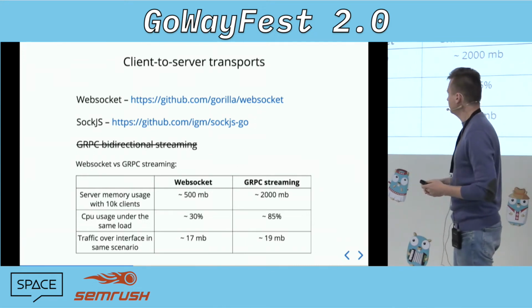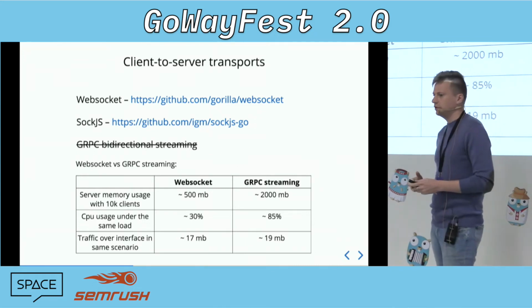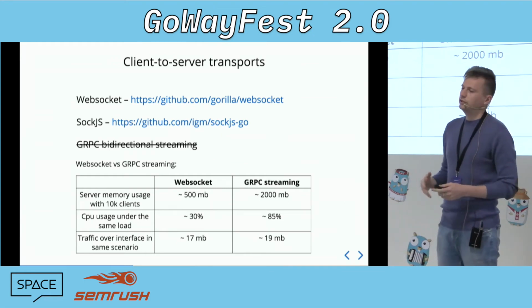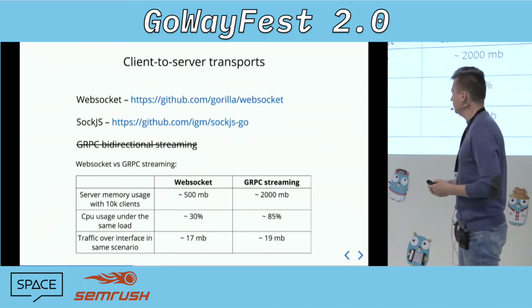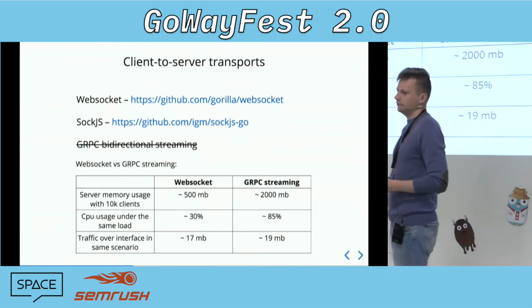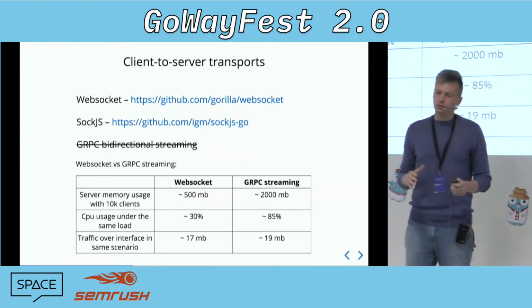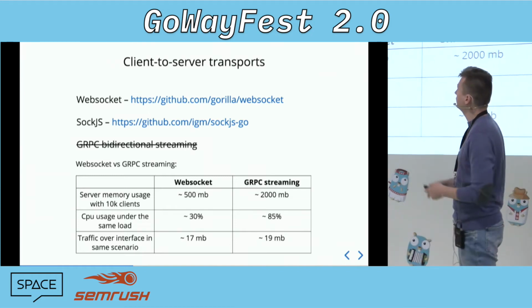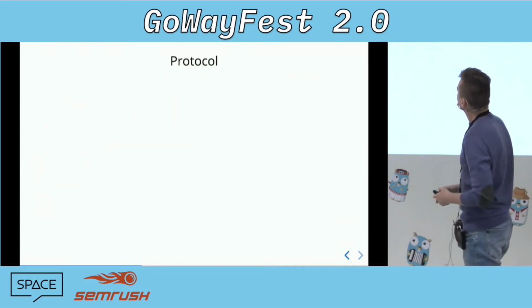It's a 4 times difference. In terms of CPU usage, WebSocket was up to 3 times more performant under load. And in terms of traffic, WebSocket is a bit better too. So I rejected using gRPC streaming and stuck with 2 transports.